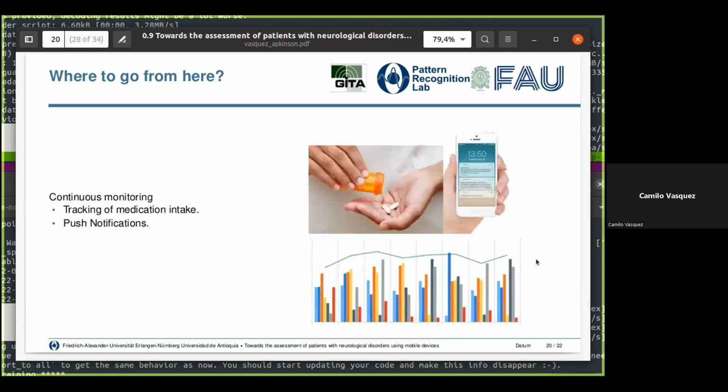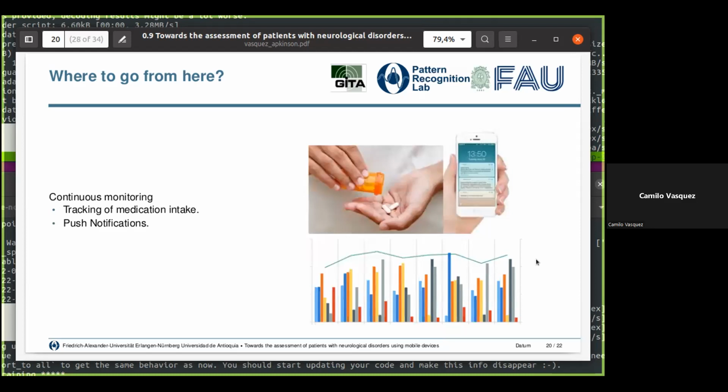Also, it is important to improve the continuous monitoring aspects within the app in order to track, for instance, the medication intake of the patients when the patients perform the exercises. Also incorporate push notifications to remind the patients to take the medication according to the prescription of the neurologist.